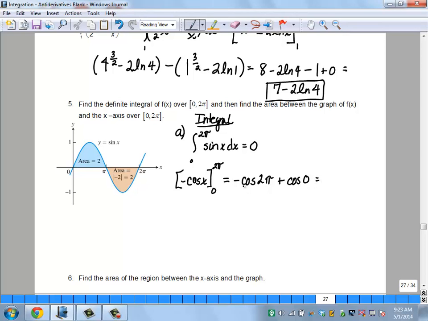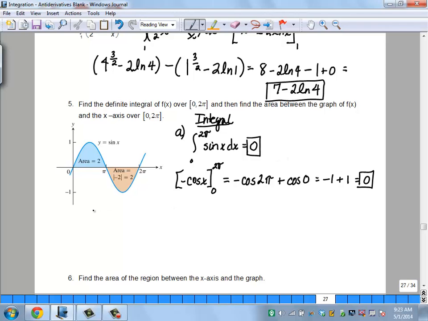And see what that works to. Cosine of 2 pi is 1, so this is going to be negative 1, and the cosine of 0 is 1, so you end up getting 0. So you've seen how they match. Okay, this is done in the calculator. This is with the first fundamental theorem of calculus, and you see you should have the same answer.